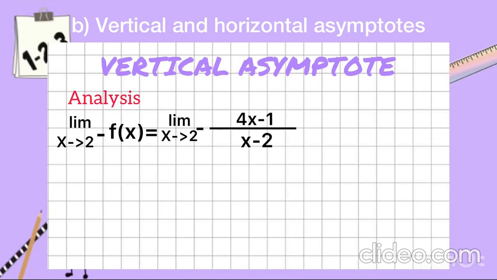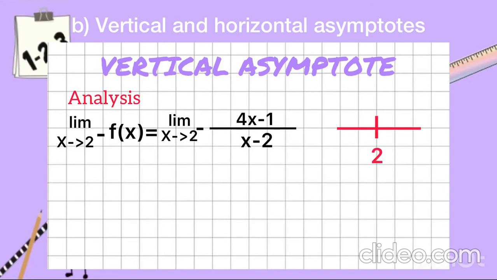So the limit, let's say when x approaches 2 from the left hand side, for the function f(x) equals (4x - 1) over (x - 2). If we try to substitute, let's say we have the interval, here is 2.